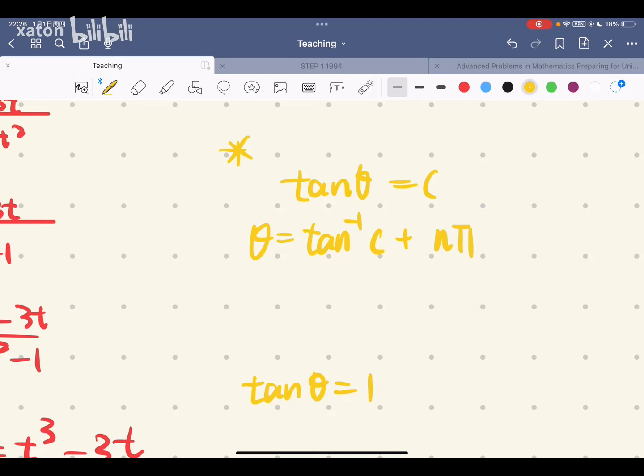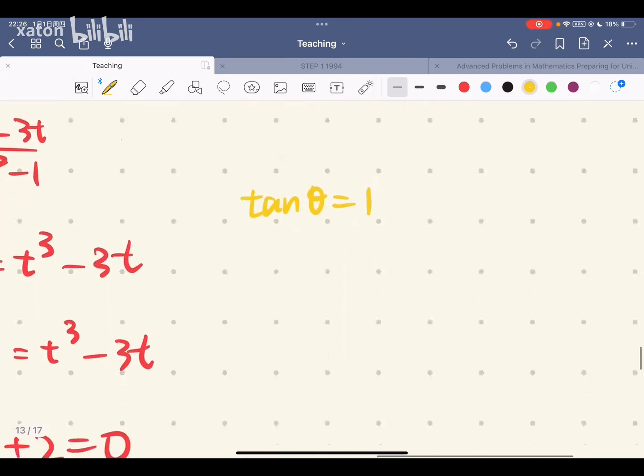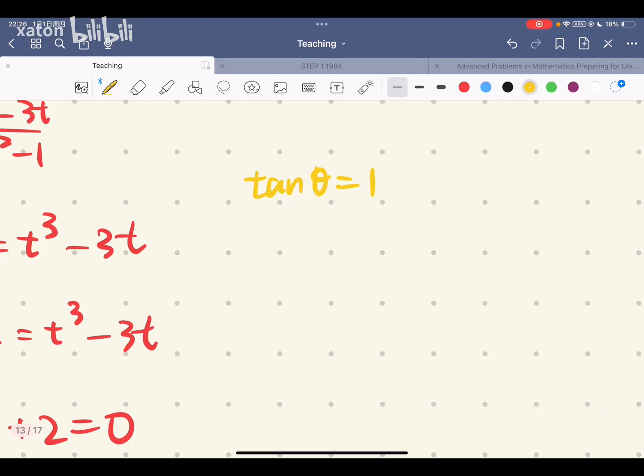So we can write it in a very simple way. That's the solution. We know arctangent 1 is pi over 4, which is 45 degrees.